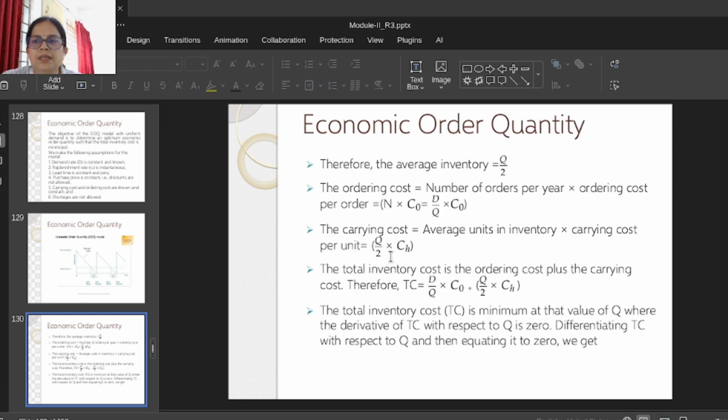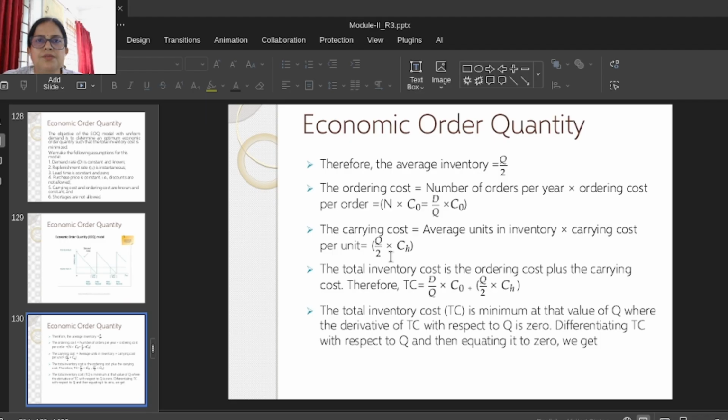Suppose we are placing orders in a year, and our annual demand D equals 12,000 units, and each time we are placing an order of 1,000 units.